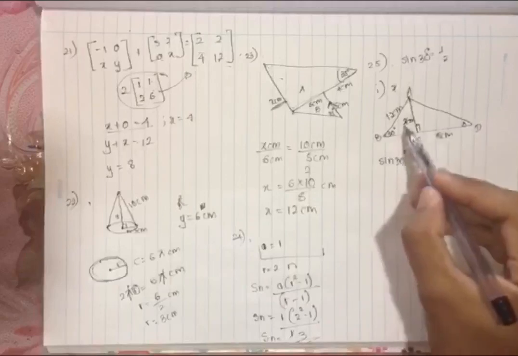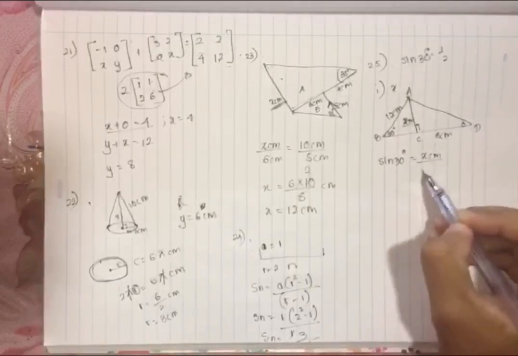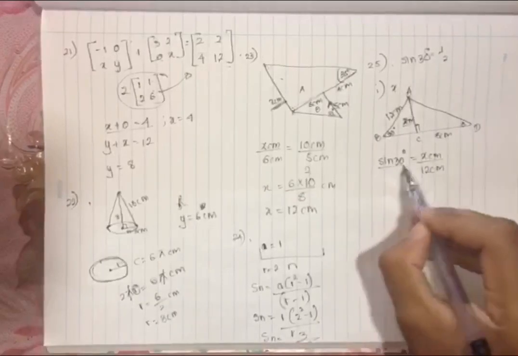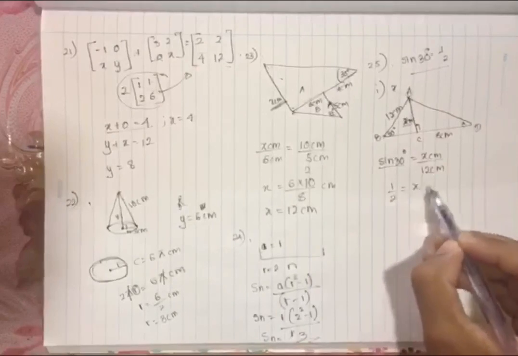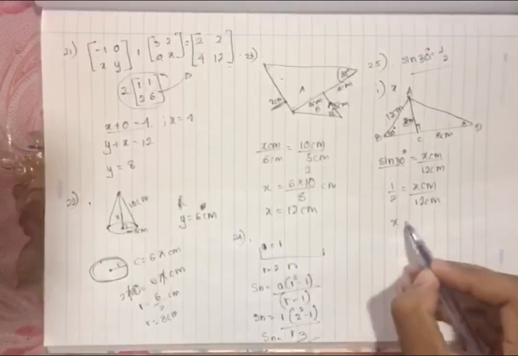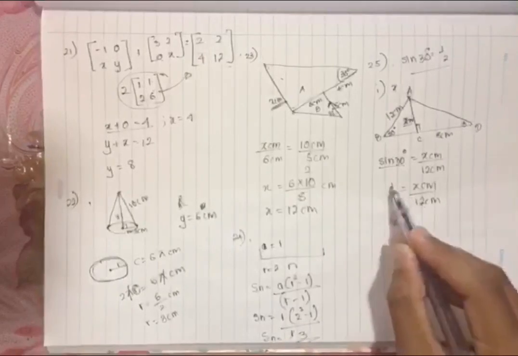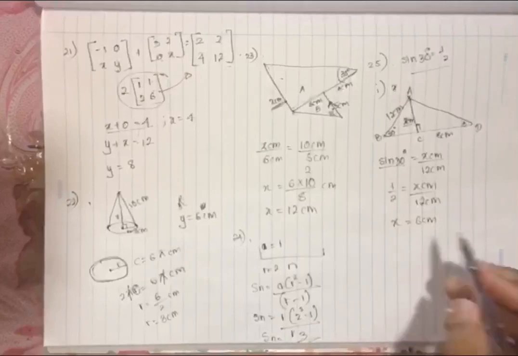Opposite over hypotenuse. So opposite is x centimeters, hypotenuse is 12 centimeters. Sine 30 they have given as half. So x centimeters over 12 centimeters. In order to find x, you bring 12 here, multiply: 12 divided by 2 is equal to 6 centimeters. Now you know x.